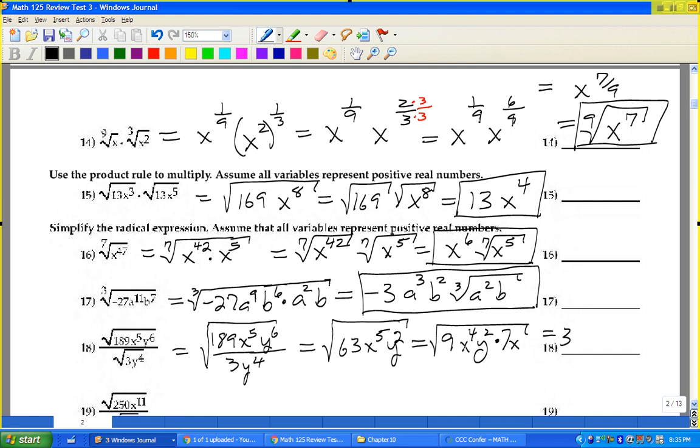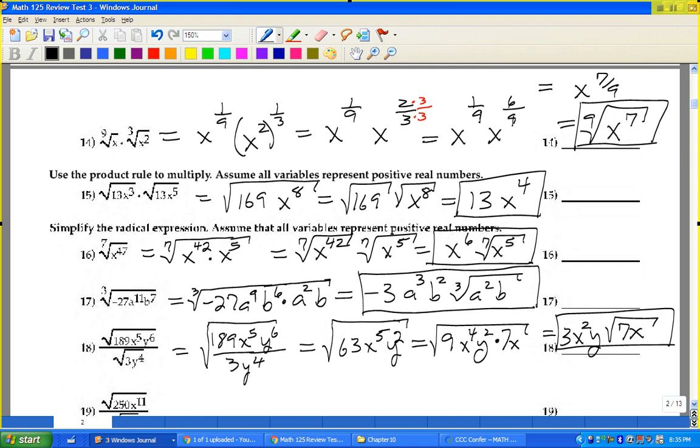The square root of x to the 4 is x squared. The square root of y squared is y, since each of the variables represents positive real numbers. Times, well, I can't really do anything with the last part. So radical 7x. And that is your answer. Any questions about that?